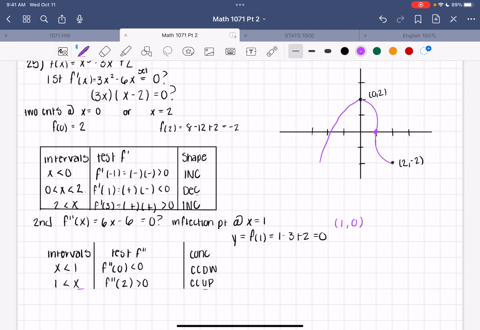And finally, to the right of 2, you're in the third row there, but you're in the second row there. So right of 2, the shape is increasing, but everything right of 1 is concave up. So sketch increasing concave up. And so you see you have that typical sideways S curve that typifies a cubic curve.